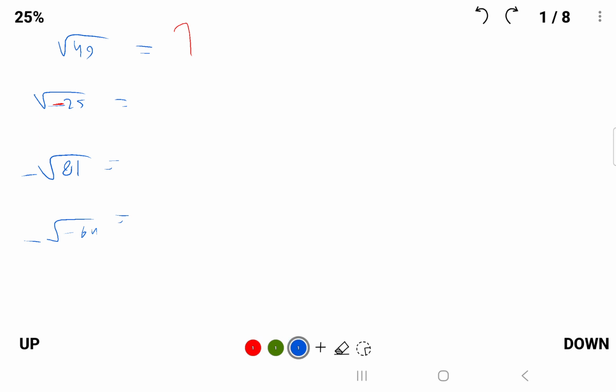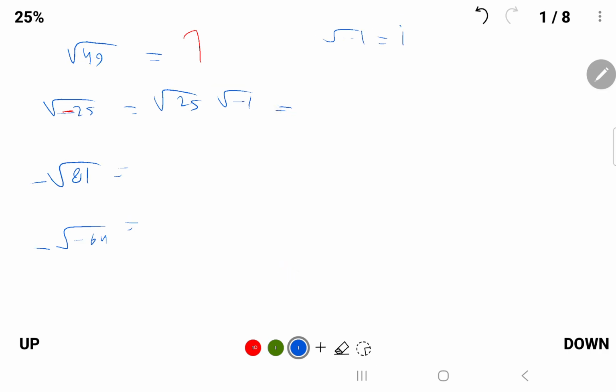So square root minus 25 can be written as square root 25 times square root minus 1. And square root of minus 1 is equal to i, the imaginary number i. So square root 25, we have 5 times 5 is equal to 25. So square root 25 is equal to 5, and square root minus 1 is equal to i. So the answer is 5i.